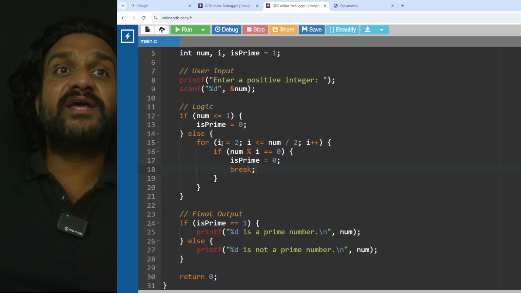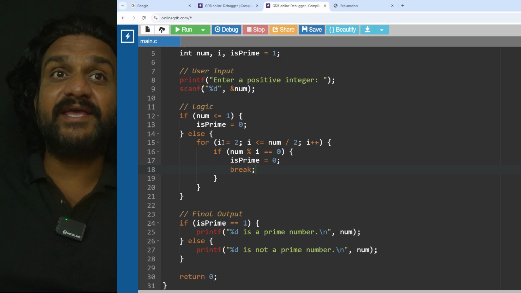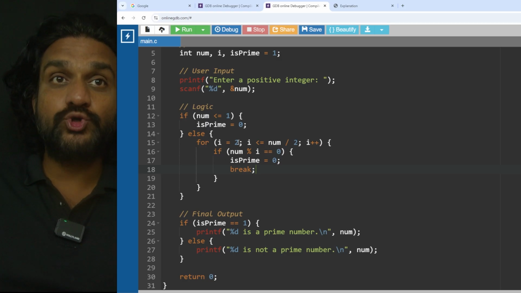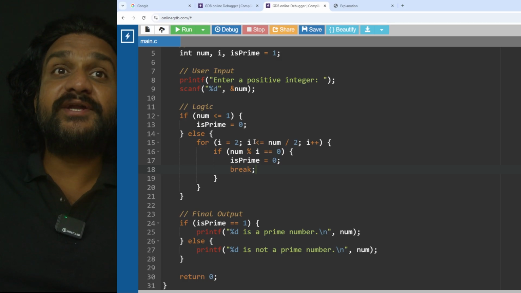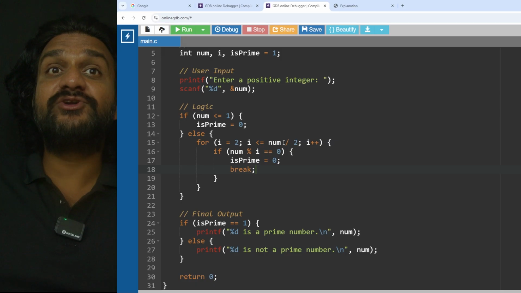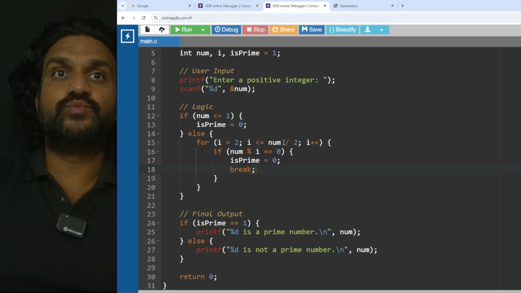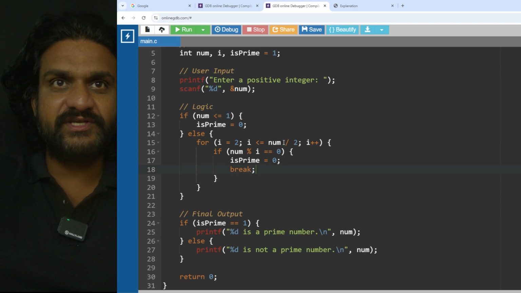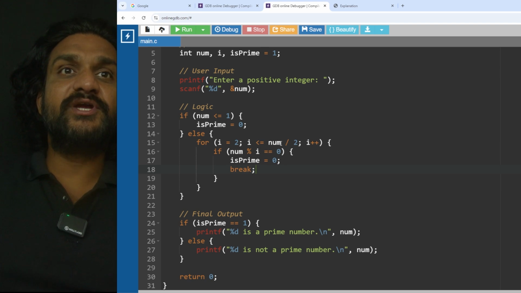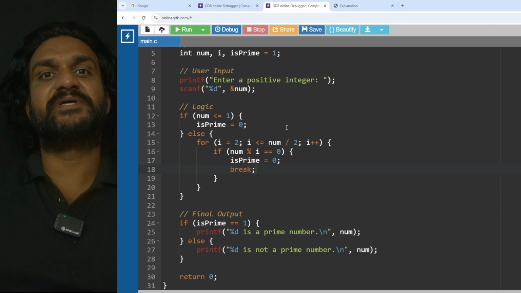Here I have initialized the value of i, the counter of the loop, to 2, and we are going to iterate while i is less than or equal to num divided by 2, the given number divided by 2. This is what we have discussed. So we are going to iterate only half of these numbers.